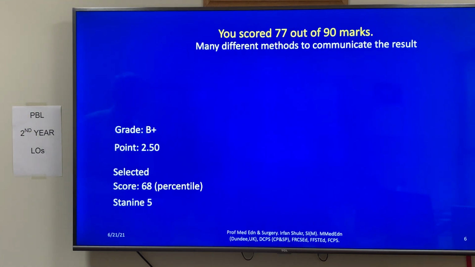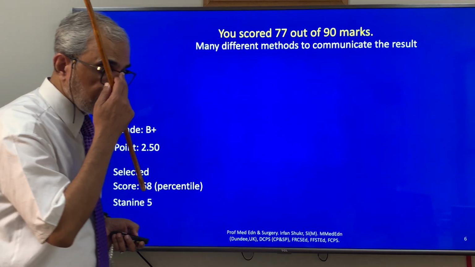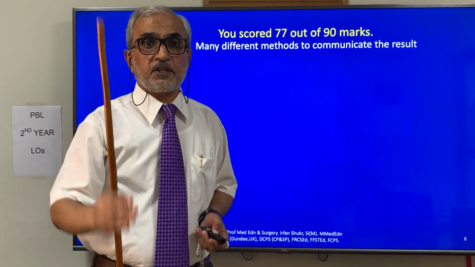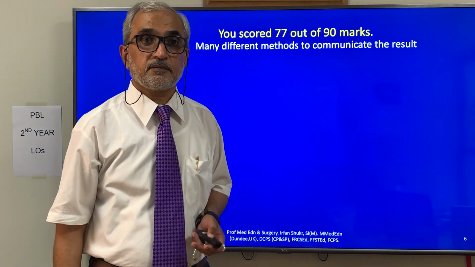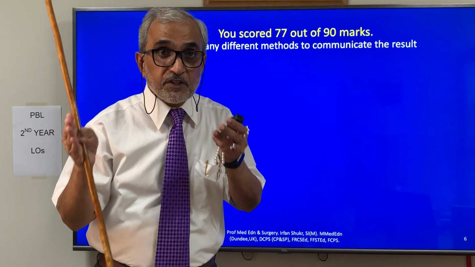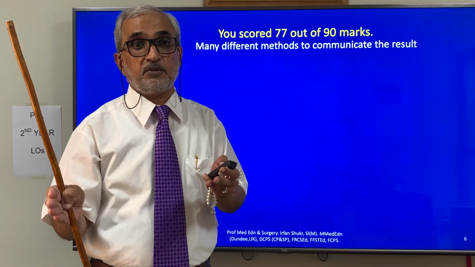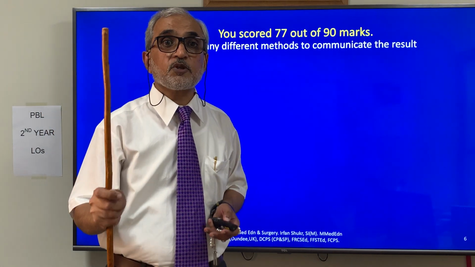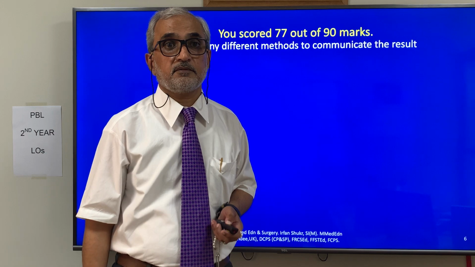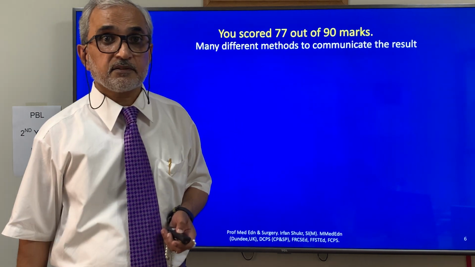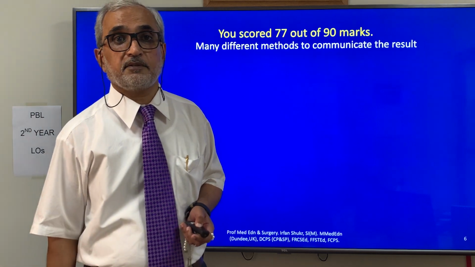Then you can give a grade also and a point also, because we have a percentage of scores from 0 to 100. We can allot a range of this percentage score to an alphabetical letter or to a number. So it could be a letter grade or it could be a number grade.